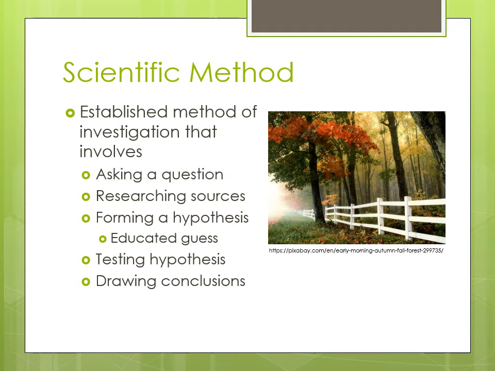So my educated guess is that the majority of students engage in sexual activity before they graduate high school. Then I go and test my hypothesis by either doing research in surveys, or I do research where I go and interview students, and then I draw my conclusion based on the investigations that I have done.